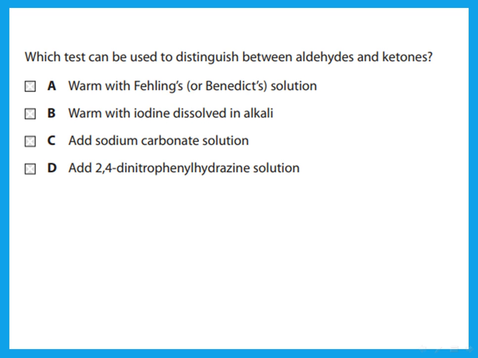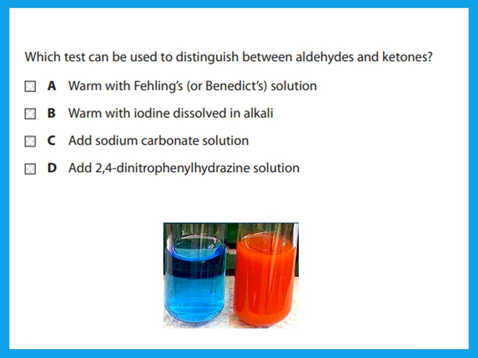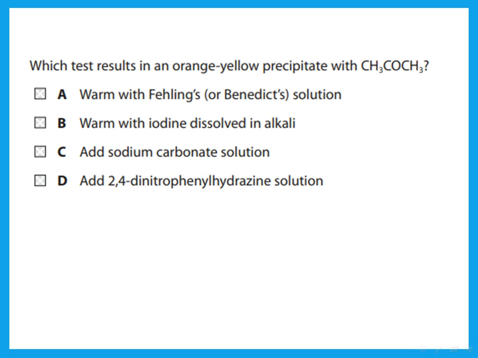Which test is used to distinguish between aldehydes and ketones? Again, which test aldehydes will react and not ketones? Remember, it is Fehling or Benedict solution, which will give a brick red precipitate with aldehydes only. Which test results in an orange-yellow precipitate with this? What is this? Can you see that this is propanone? So it's a ketone.